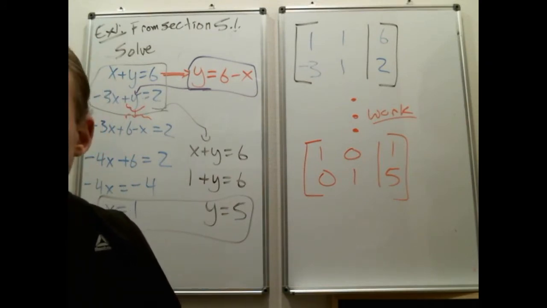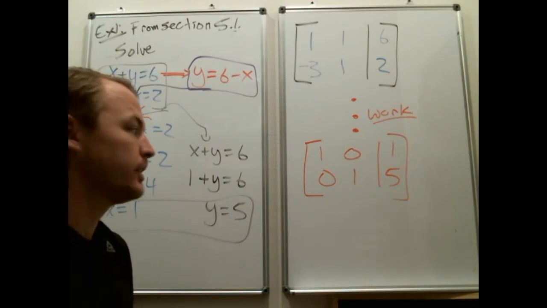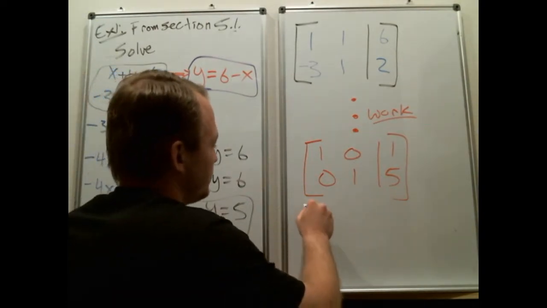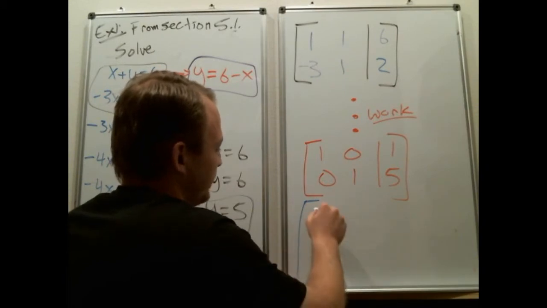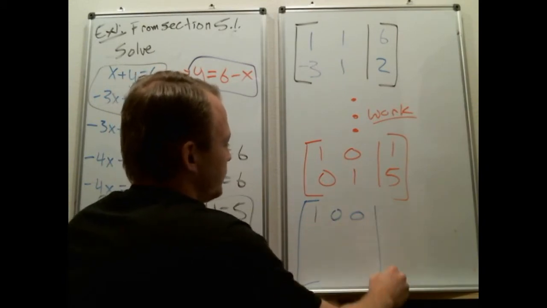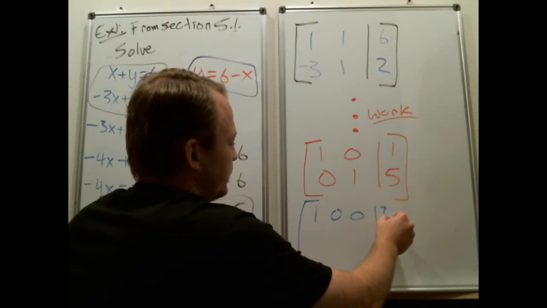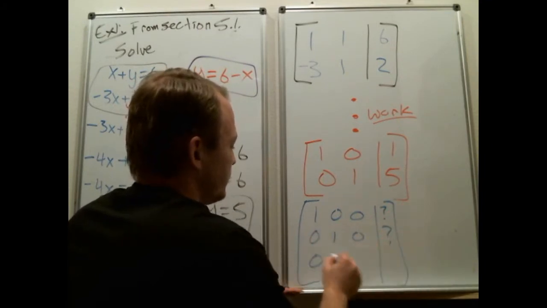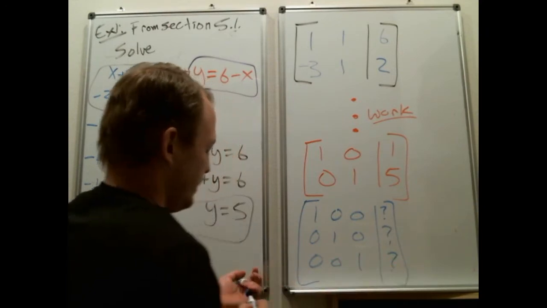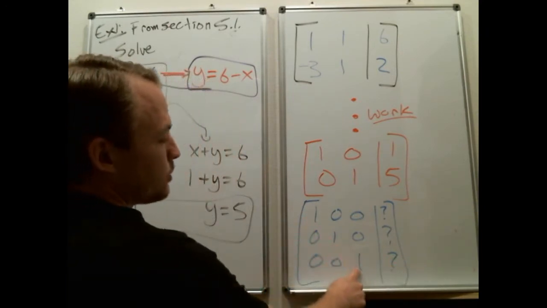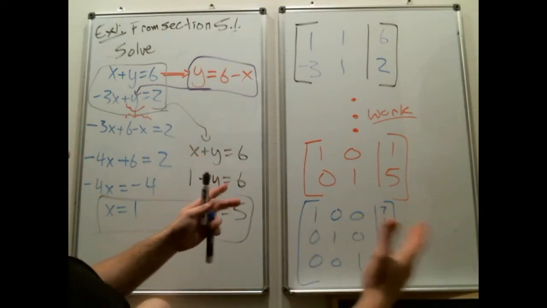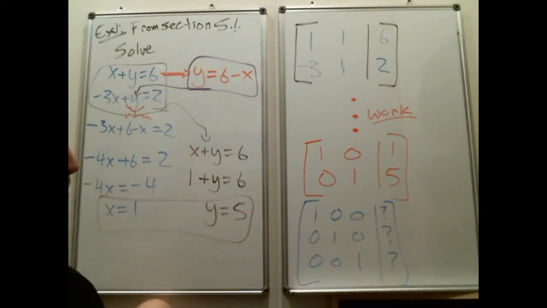Just to show you what the end result on a 3x3 matrix will look like, it's just adding another row and column here. So you would have 1, 0, 0, and then some value here, 0, 1, 0, 0, 0, 1. And notice it forms that diagonal 1 and everything else is zeros. And then this can get bigger and bigger to 4x4, 5x5, a million by a million.